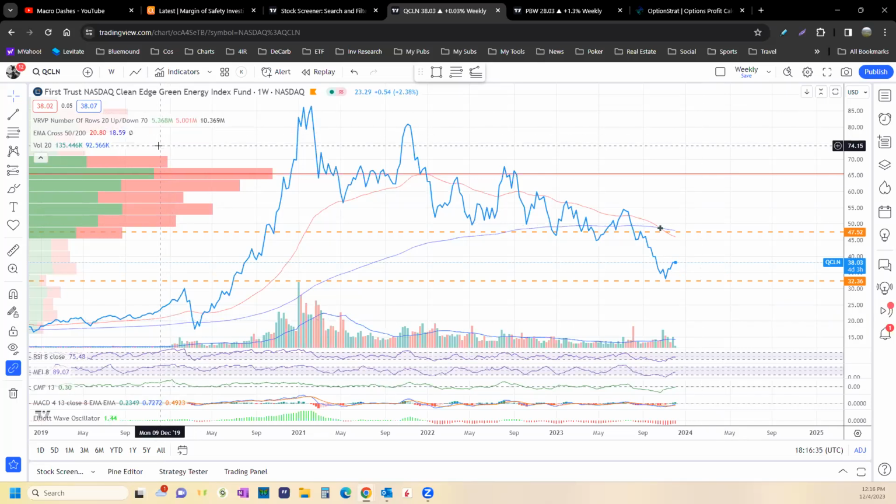Now, over on the clean energy side, your large cap index has come down. It looks like it's about to take off. It hit right at the bottom fishing that I had set up. I mean, that's pretty interesting, right? So here we have the bottom fishing that I set up, largely based on these volume profiles that I mentioned a second ago.